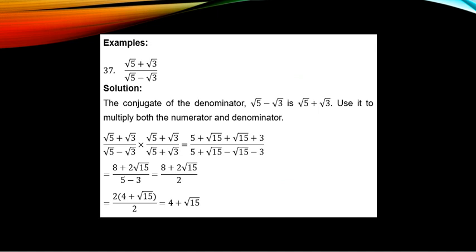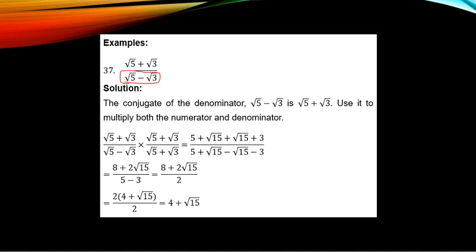Sometimes we refer to binomial surds as complex or composite surds. So to do this directly, or to rationalize, we want to turn root 5 minus root 3 to a real number. So you must take the conjugate of the denominator.